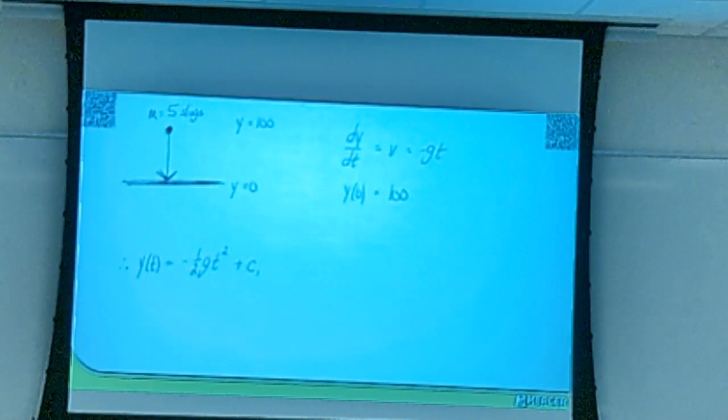We use the initial condition, so that C1 would have to be 100. Okay. There's your position function.